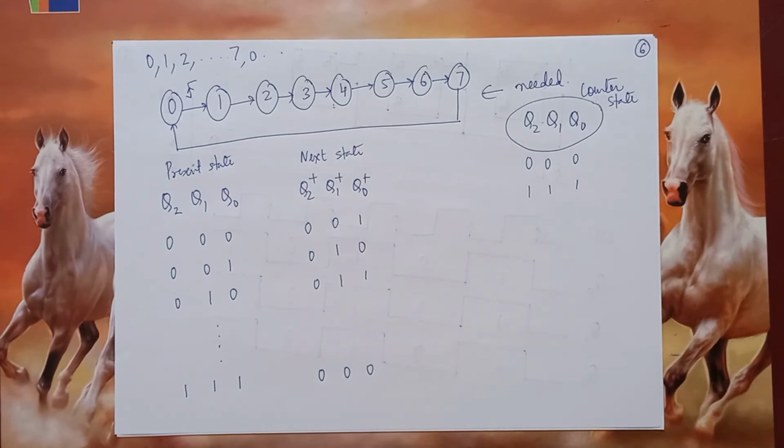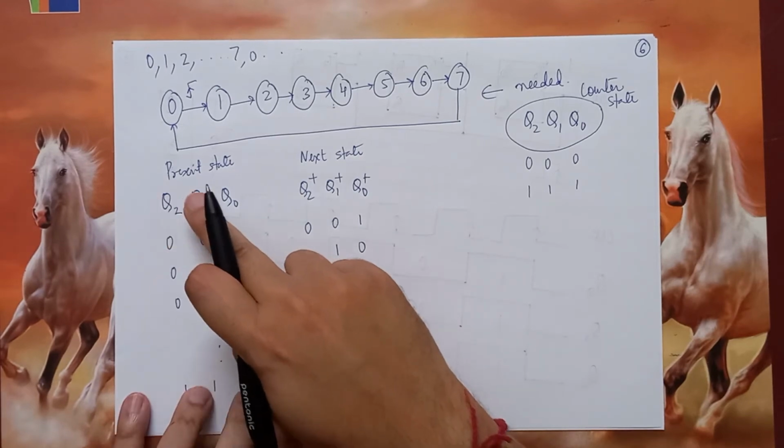Now, a couple of lectures ago, we had mentioned that if we know the present state and we also know what is the next state that we would like to expect, then we can give the input to the flip-flop in such a way that the present and the future condition will be met. And that process led us to the development of a table called the excitation table.